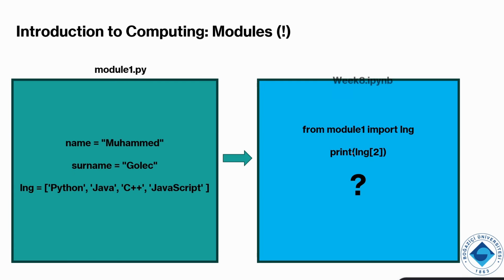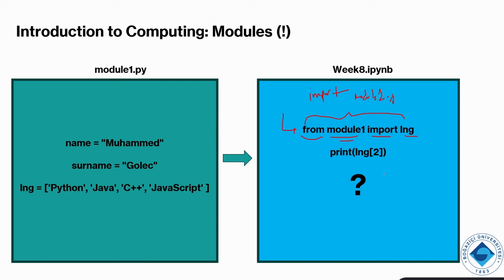Again, same example. And if you pay attention to this point here, this time, instead of writing import module1, I just use a different definition by using from module1 import language.